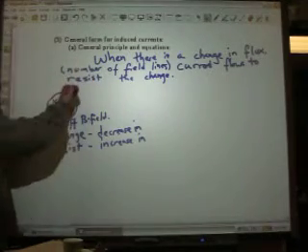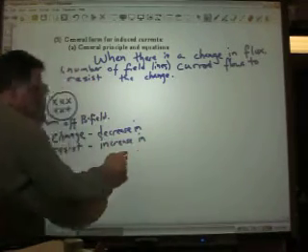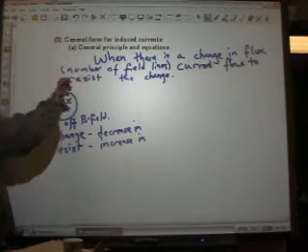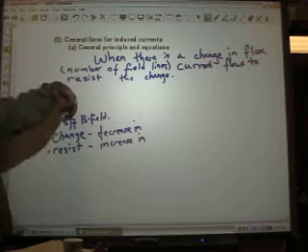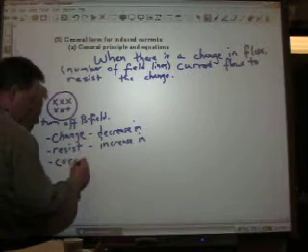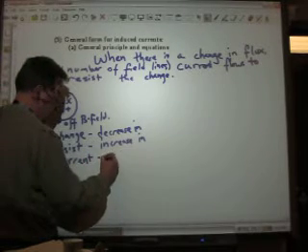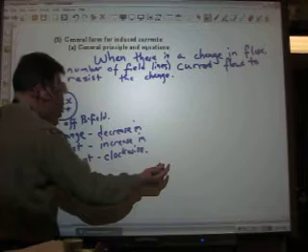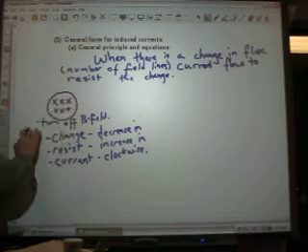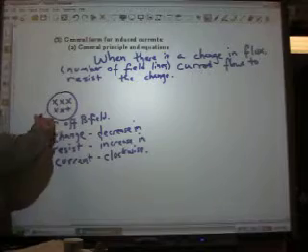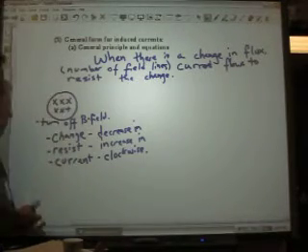So to increase the in, my thumb would point into the page, and my fingers would wrap around the loop this way. So that's clockwise. So I know my current would be clockwise in this case. So, if I turn off this magnetic field, suddenly current is going to start to flow clockwise around this loop.